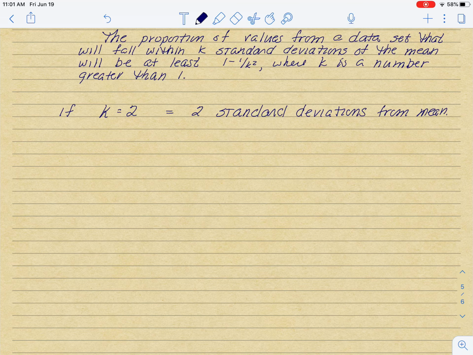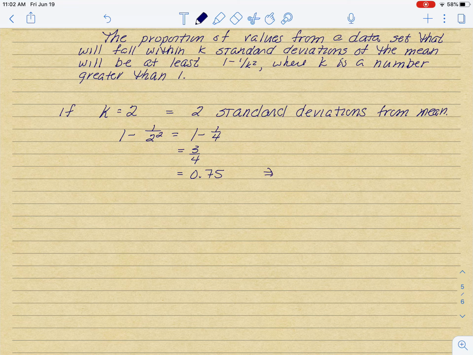We want to know the proportion of data that lands 2 standard deviations away from the mean. So we're going to go 1 minus 1 over k, which is now 2, and we're squaring that. So 1 minus 1 over 4, or 3/4, which is equal to 0.75.